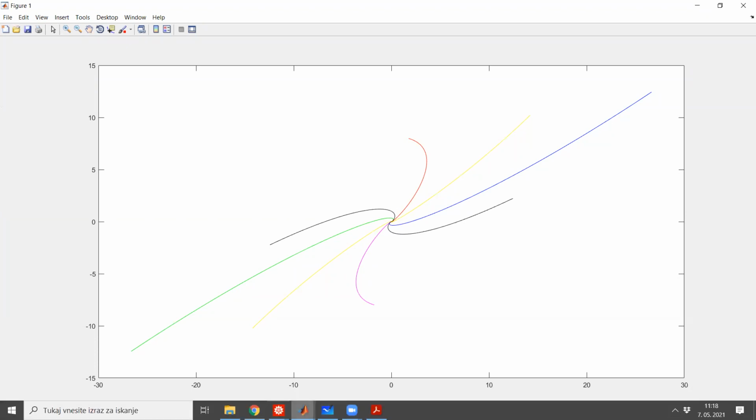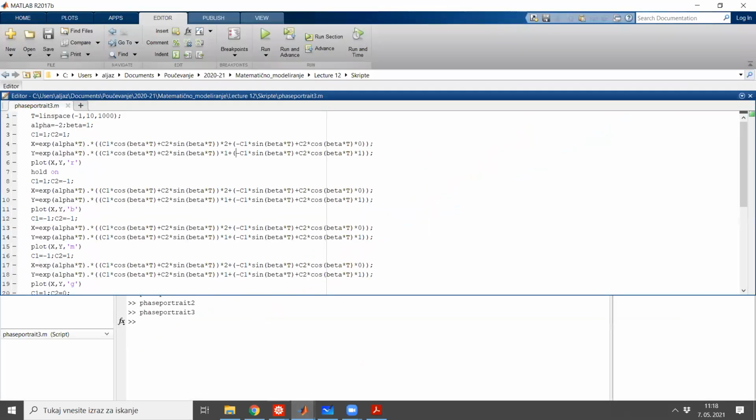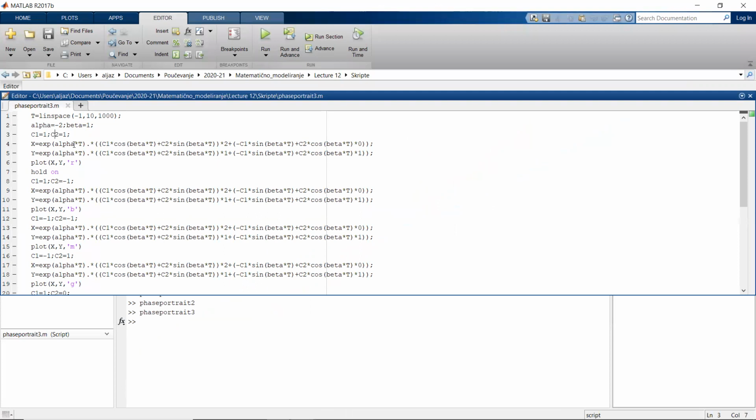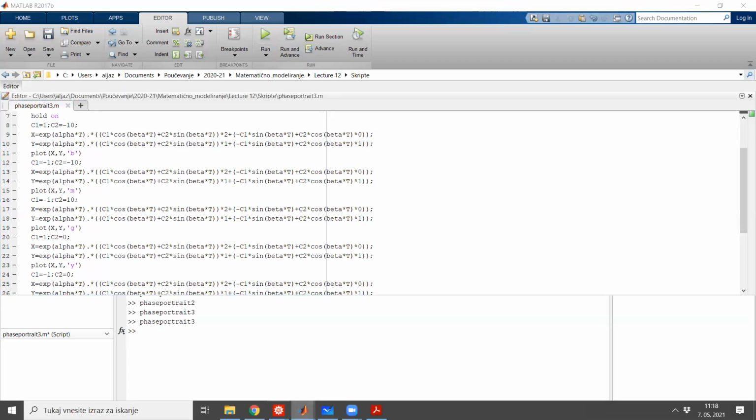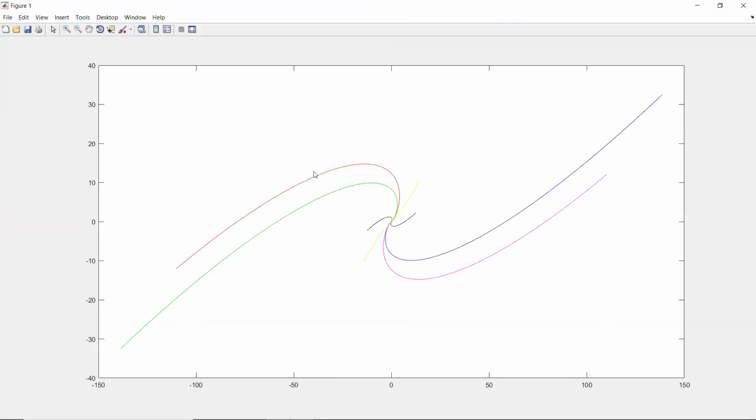Maybe I can change C1 and C2 to a different ratio, and this will be more clear. Let's take C1 to be 1 and C2 to be 10, and in all the other cases I will also put 1, 10, so the ratio is 1 to 10. Yeah, here it's becoming more clear. This black example only travels from the origin to some point.